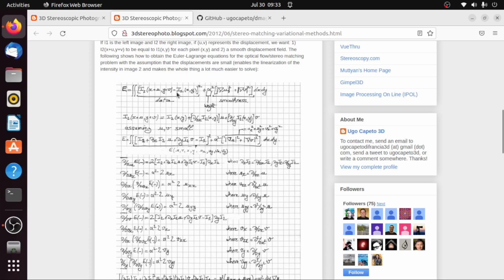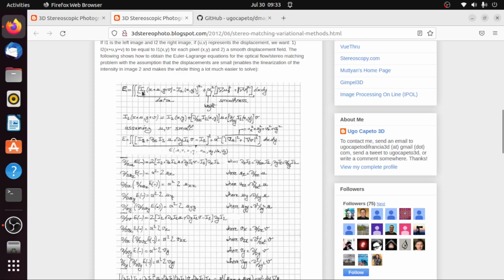Assuming that you have figured out where that pixel went, then the difference between the two intensities should be 0, should be minimum. That's what you're trying to express in this term of the energy, the data term. So you want this I2 minus I1 to be as small as possible.